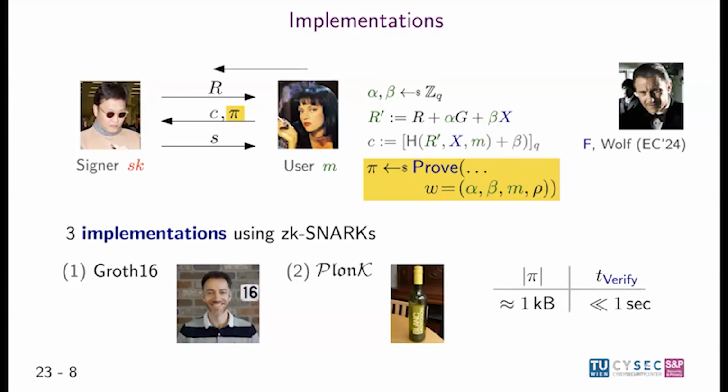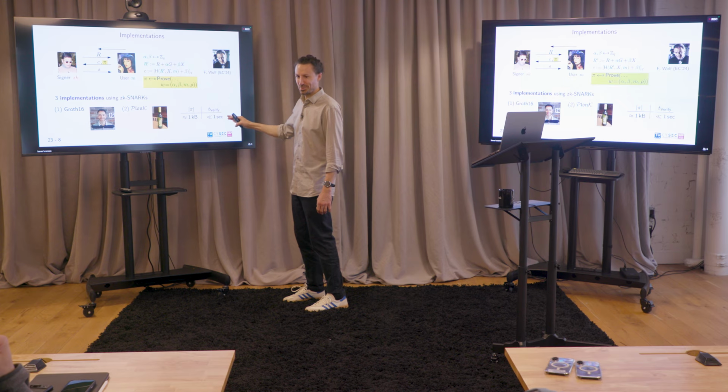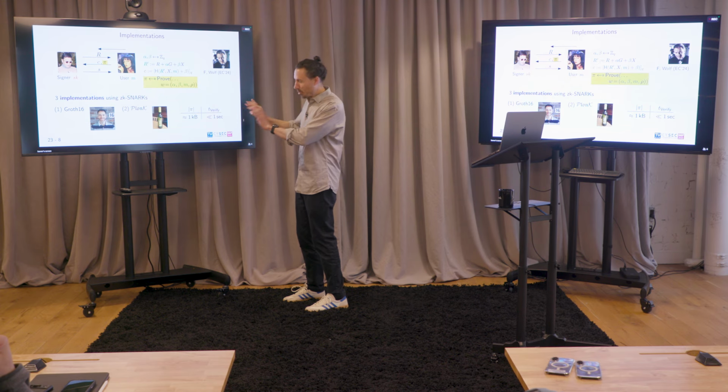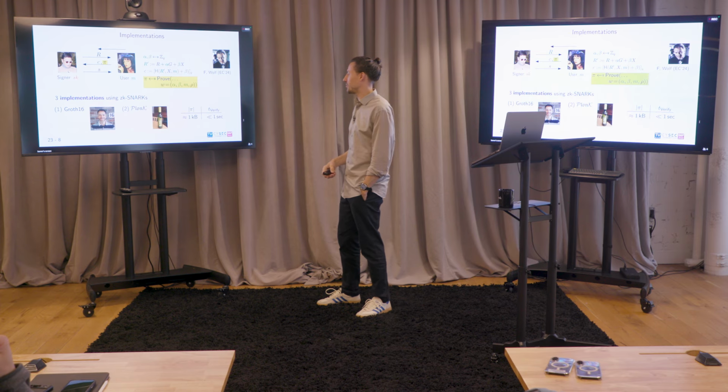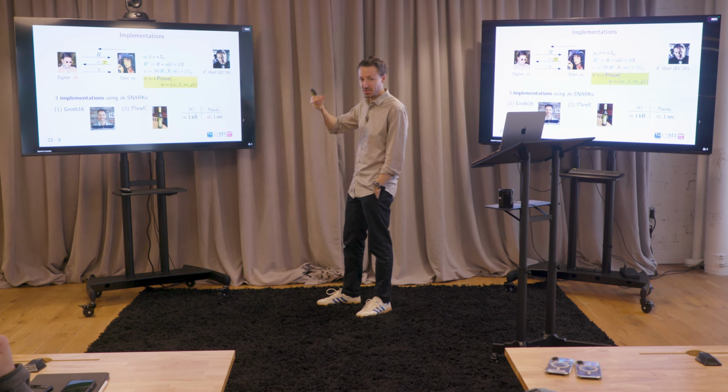Since these are SNARKs, proofs are 400 bytes or so for Groth16, 800 bytes for Plonk, and they verify really fast. Surprisingly, with this implementation, Plonk was a lot faster than Groth16, which was not to be expected. All these numbers depend very much on which libraries we used, and nothing was really optimized. This was basically just to get some idea of feasibility.